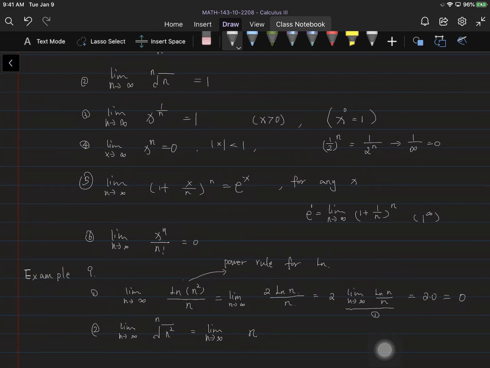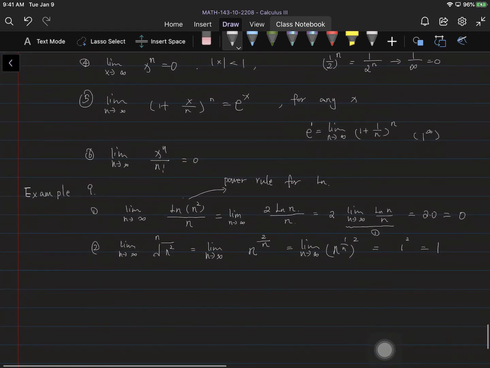N squared, the power is on the top, the root is at the bottom. We change this into the limit as n goes to infinity of n to the 1 over n, and then square it. And n to the 1 over n is just the same as the nth root of n. So the limit is 1, so the answer should be 1 squared, which is 1.